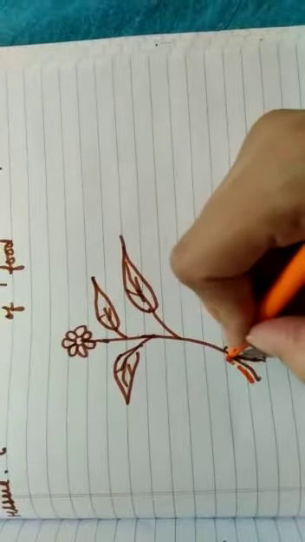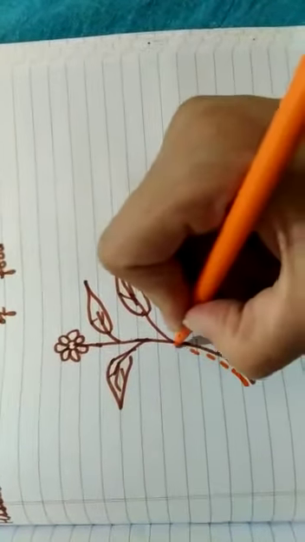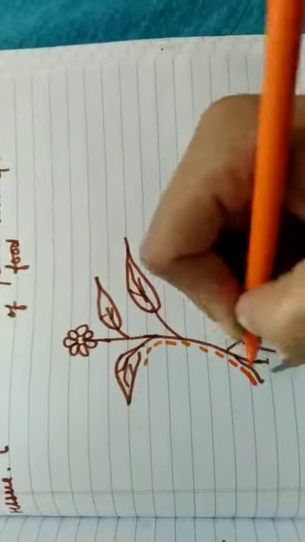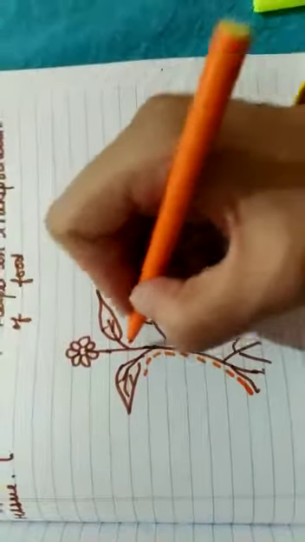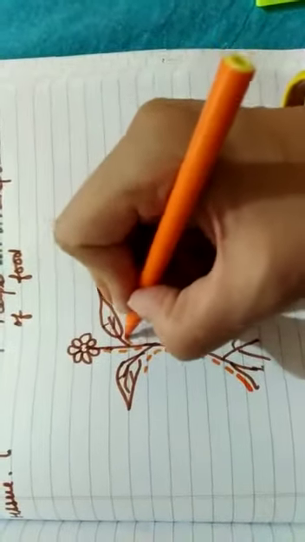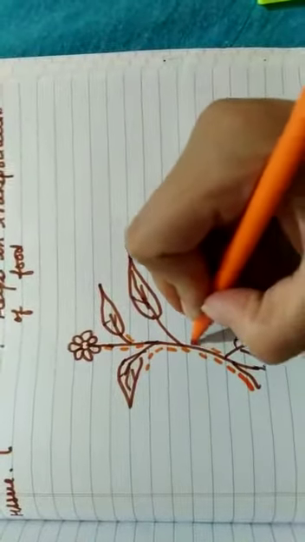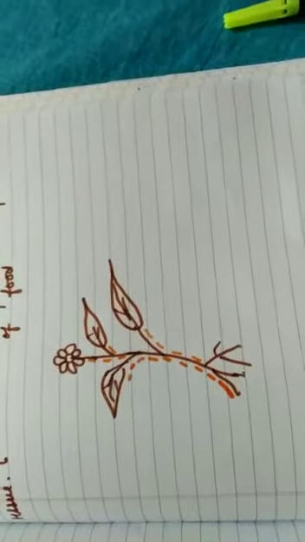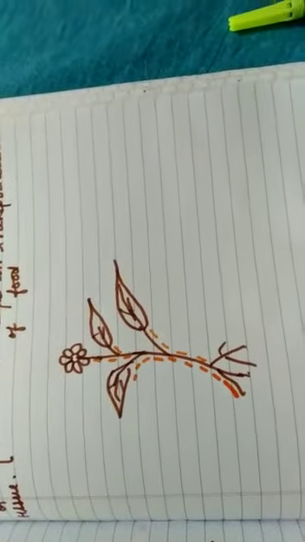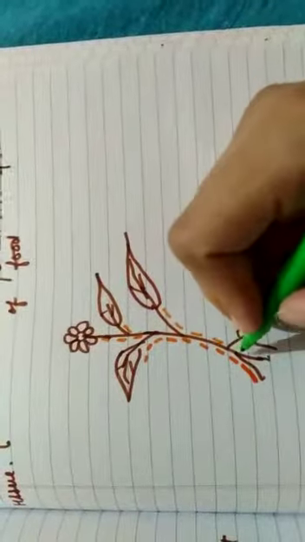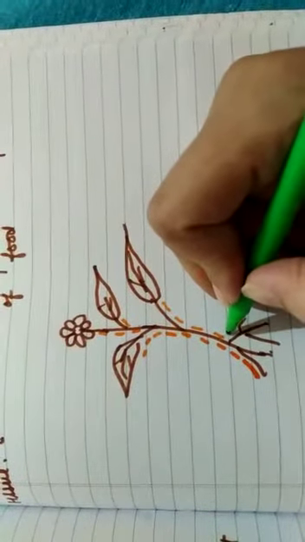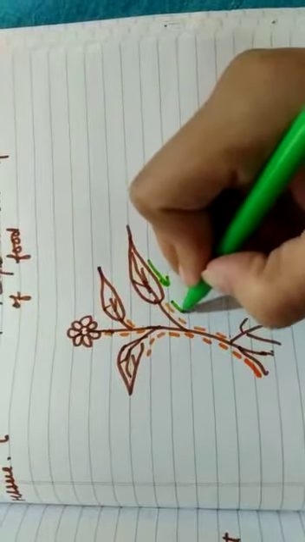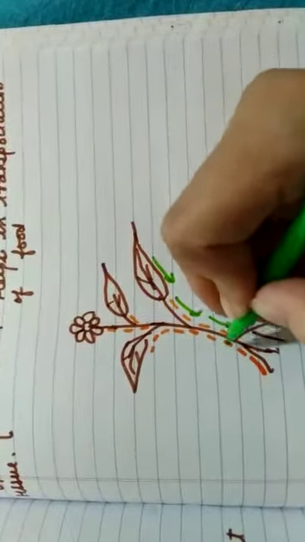You can see this orange line. These are the xylem vessels which take the water from the roots to different parts of the plant, like this. And for the phloem, I am drawing the solid lines. The phloem takes the food from the leaf to different parts of the plant.